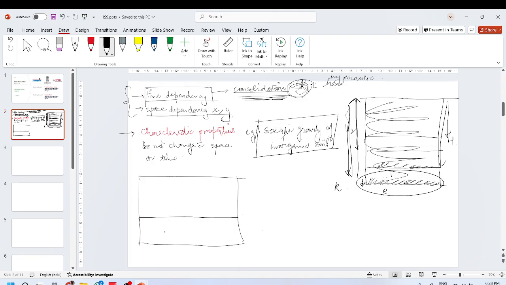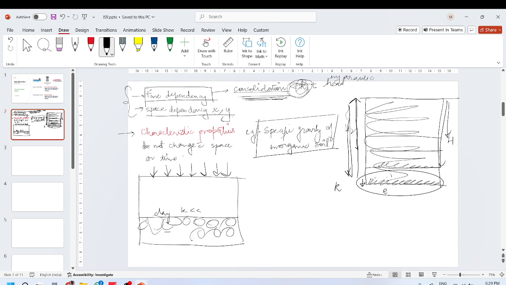You have a layer of clay that has a very low permeability, and suddenly you load it. I actually discussed this in last class.